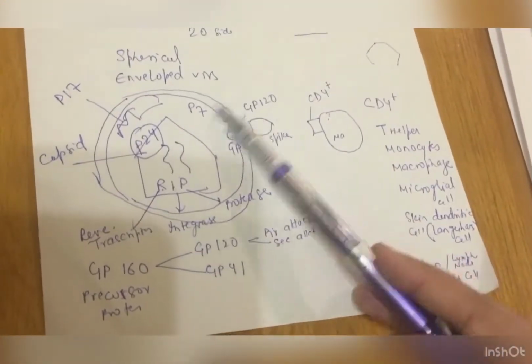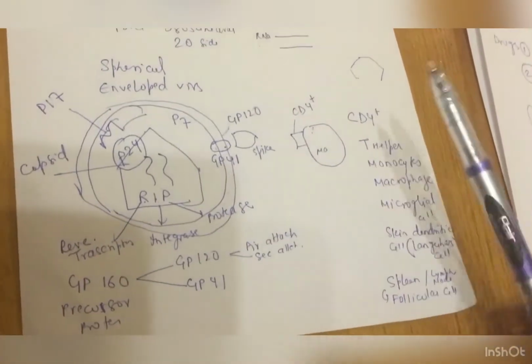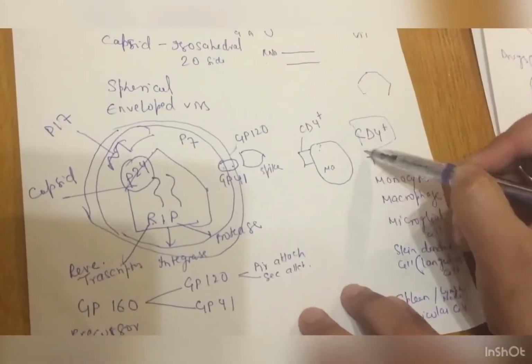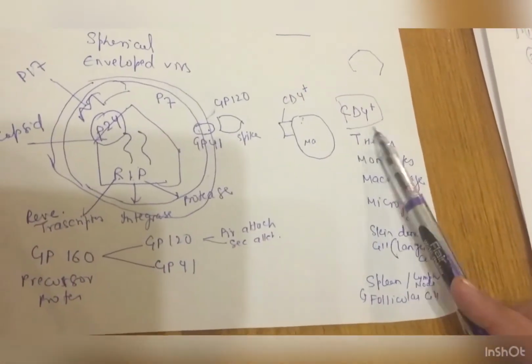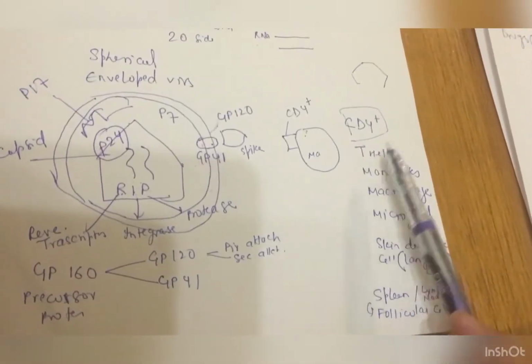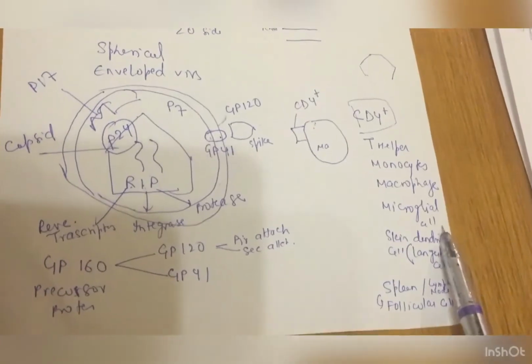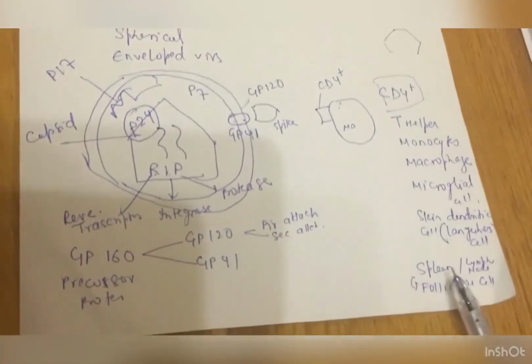Now this virus attaches only to those cells which have the CD4 positive receptor. CD4 positive receptors are present on T helper cells, monocytes, macrophages, microglial cells, and skin dendritic cells, which are also called Langerhans cells.